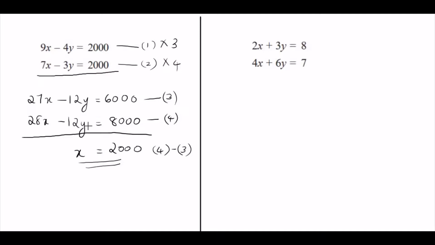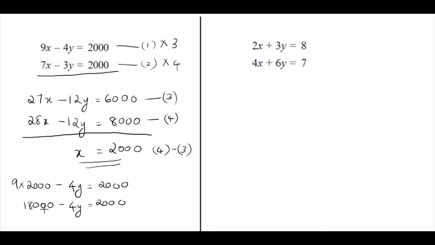So substitute in any one of the equations and get the value of y. As these are big numbers, let's substitute the x value in this equation. So 9 into 2000 minus 4y is equal to 2000. 9 into 2000 is 18,000 minus 4y is equal to 2000.